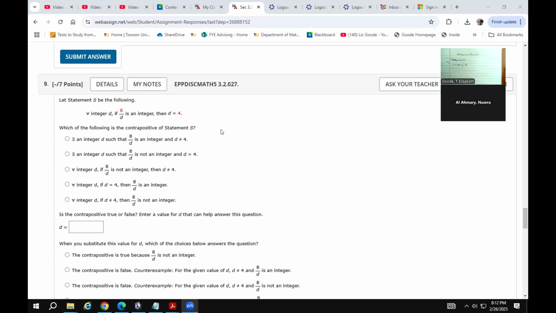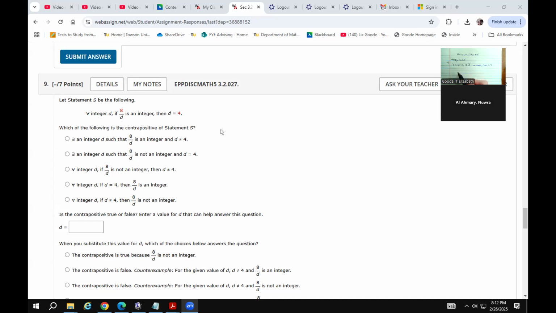If 8 over D is an integer, and that basically is saying if D divides 8, then D equals, and in mine it says 4. But they're trying to make a point here. And the point is that 8 has more non-trivial divisors than just 4.